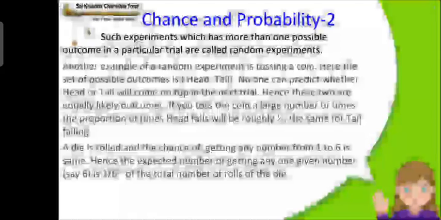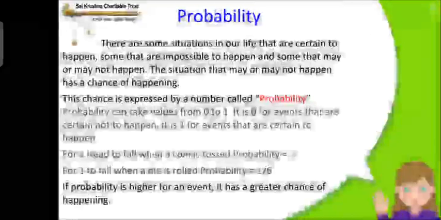Whereas when you roll a die, you have a chance of getting the numbers from 1 to 6, therefore it is 1/6 of the total number of rolls of the die. Is it clear, children?